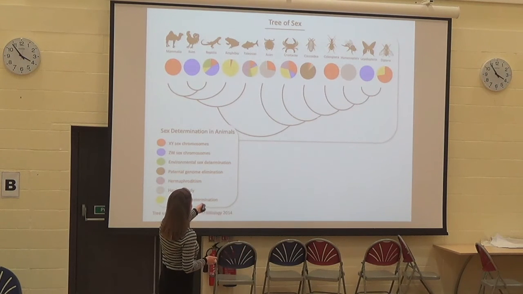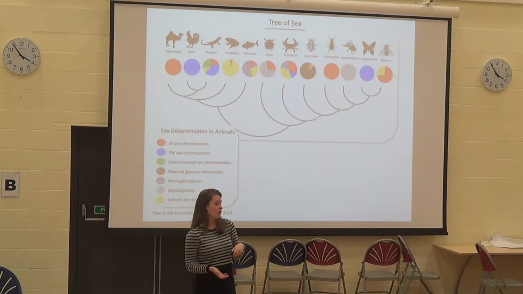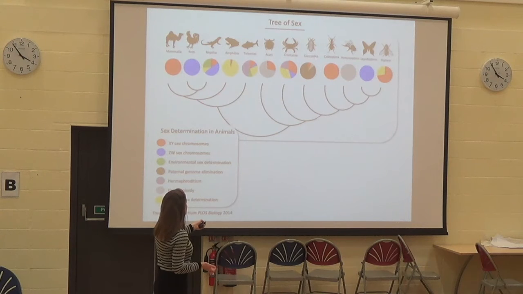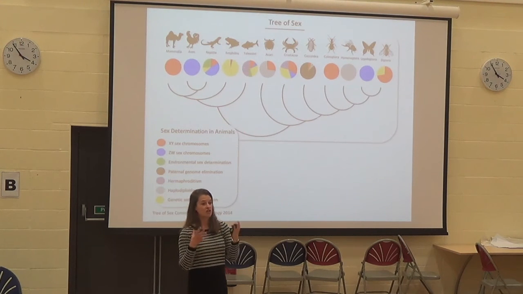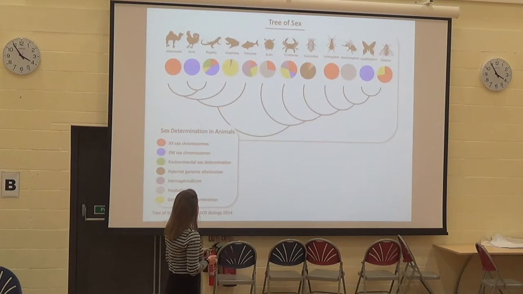They were then able to map all of that information across all of the species that we know, where every single colour is essentially a different way of determining whether an individual develops into a male or a female. And so you can really see that these mechanisms are really diverse, and it's actually likely that we're really underestimating this diversity, because in many species we still don't know how sex is determined, so we still don't understand what that trigger is that determines whether individuals develop into a male or a female.